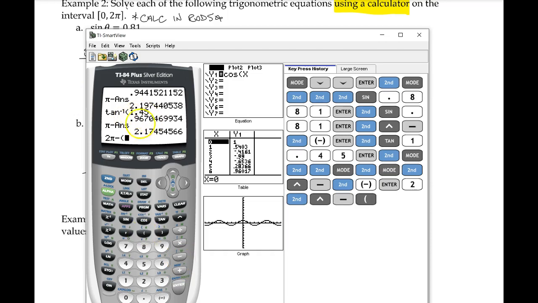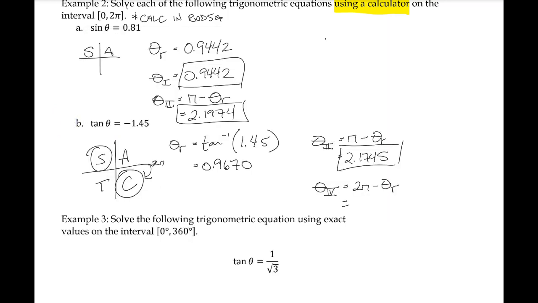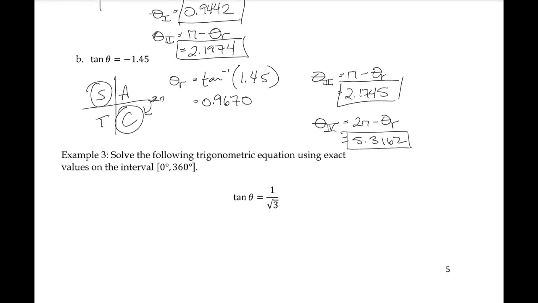And then in this case, I'm going to have to go back to that previous line, 0.9670, and that would get me 5.3162. That's my other solution. Okay, when they don't tell you to have a specific number of decimal places, going to like 4 or 5 decimal places is not a bad idea. So just bear that in mind. That's why I'm keeping so many decimal places here.